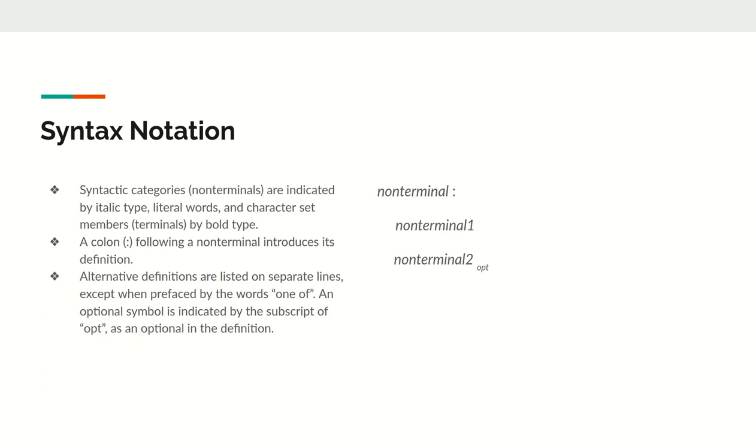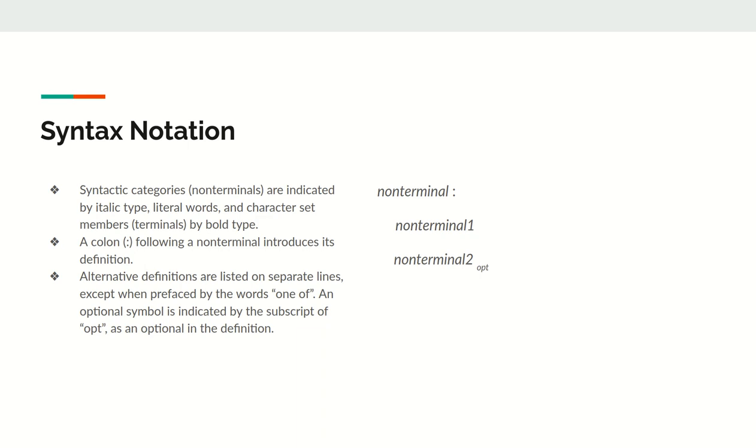This is the syntax notation used in the specification. Like syntax categories, non-terminals are indicated by italic type. Literal words and character set members, which are all terminals, are in bold type.